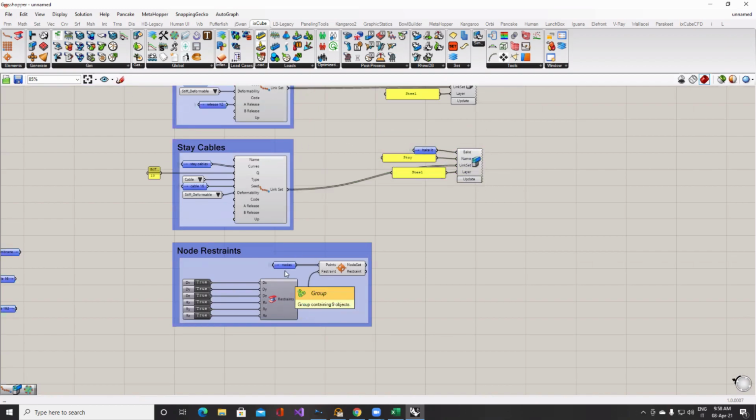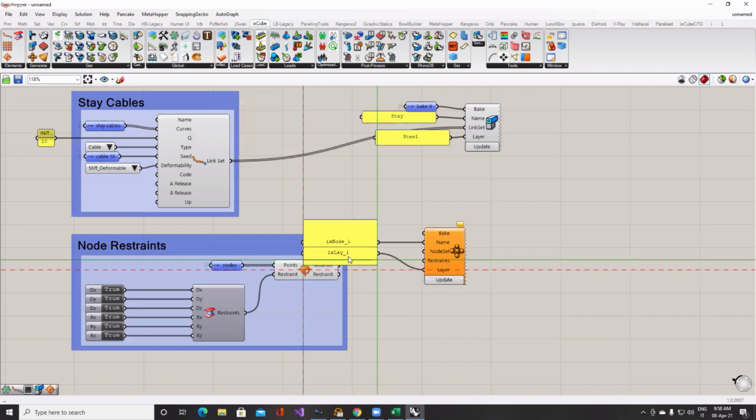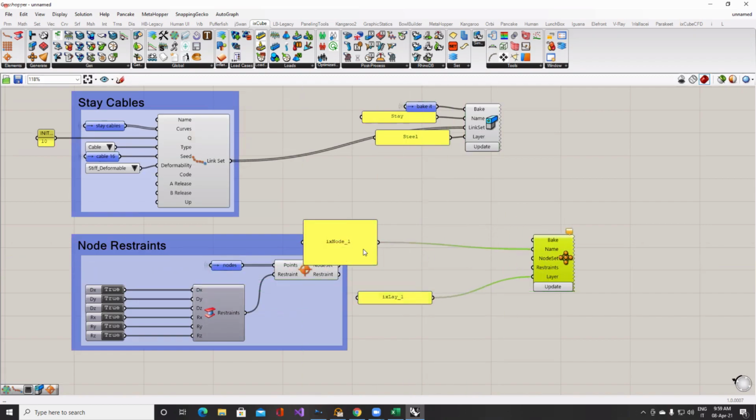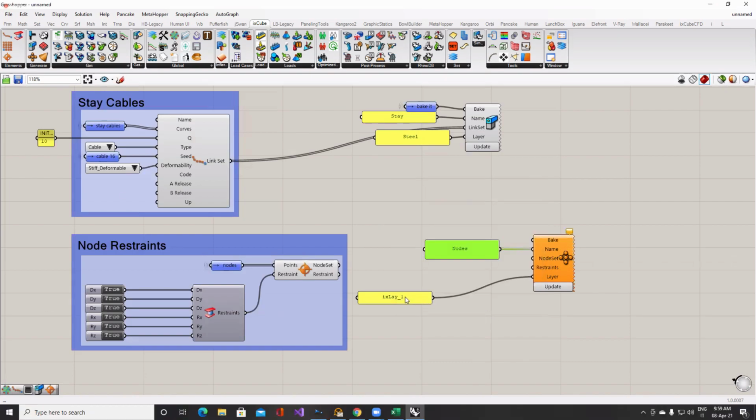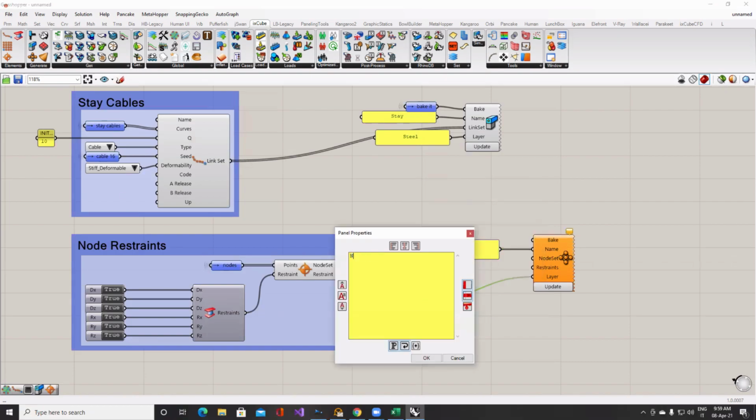are the points. For the points, there is a special group called node group. A node group is a special group because it's an empty group. There's no geometry inside the node group. And I will put them in the layer nodes.